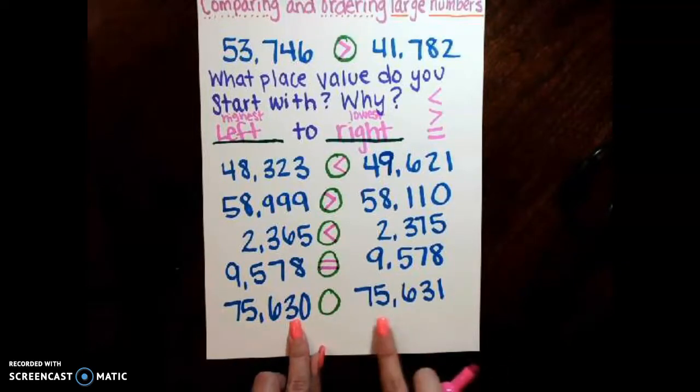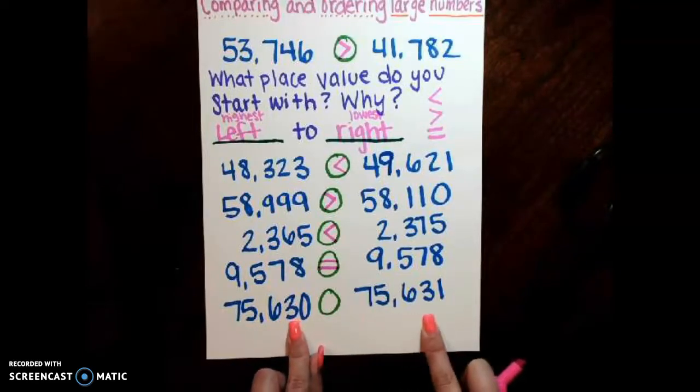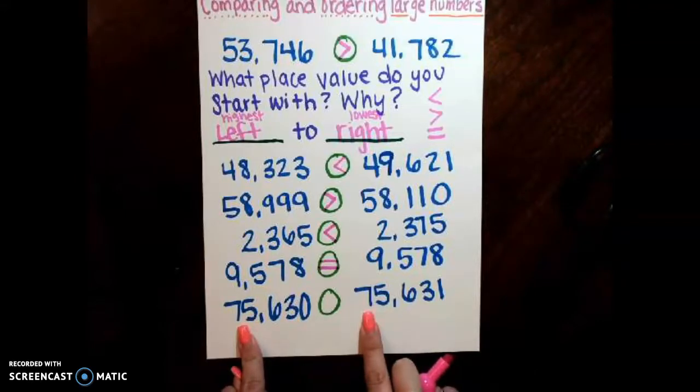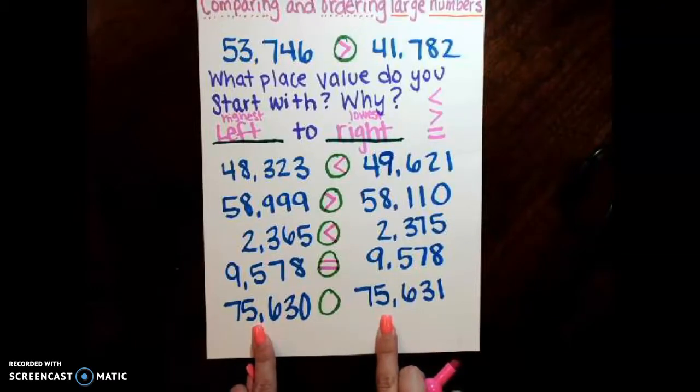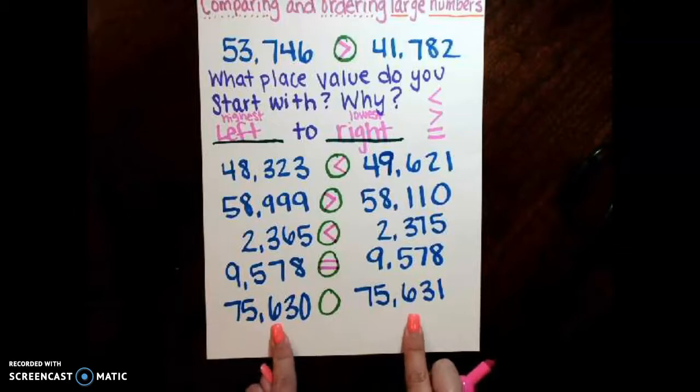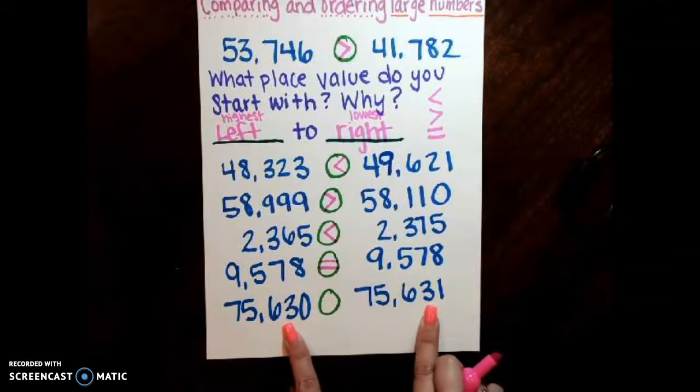75,630 and 75,631. So they both have a 10,000s place, which is a 7. So they're equal. They both have a 5 in the thousands place, so they're still equal. They both have a 6 in the hundreds place, so they're still equal. They both have a 3 in the tens place, so they are still equal.